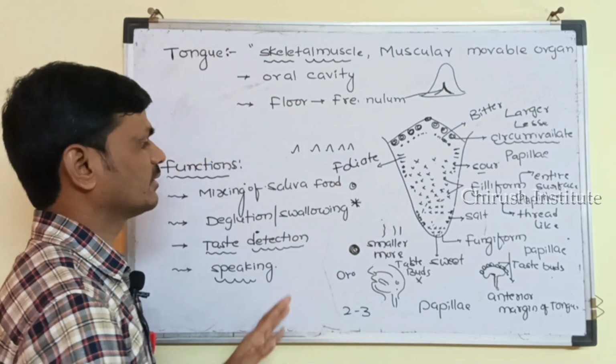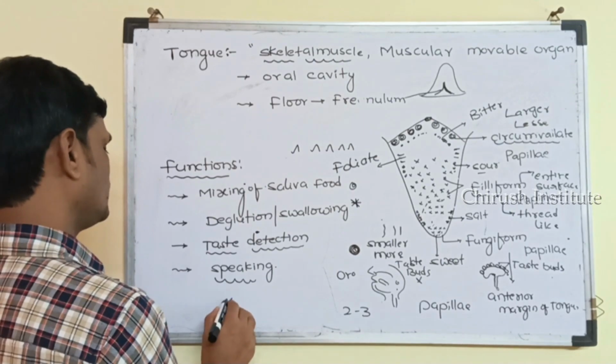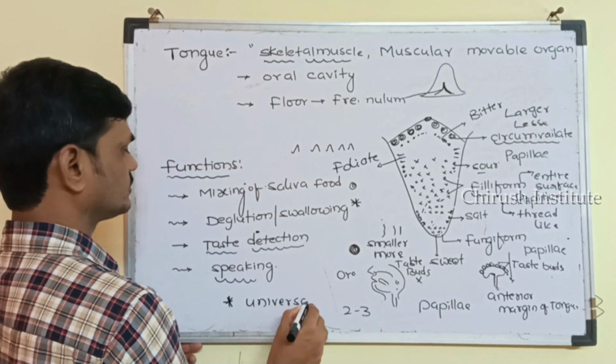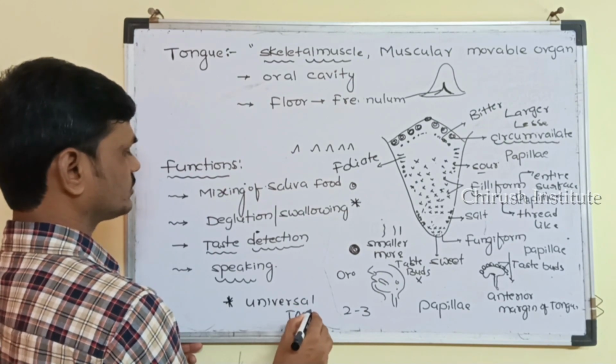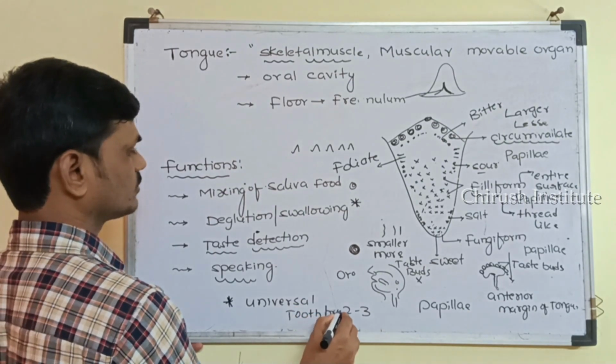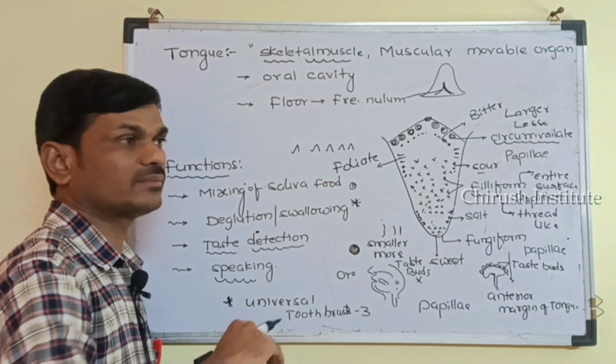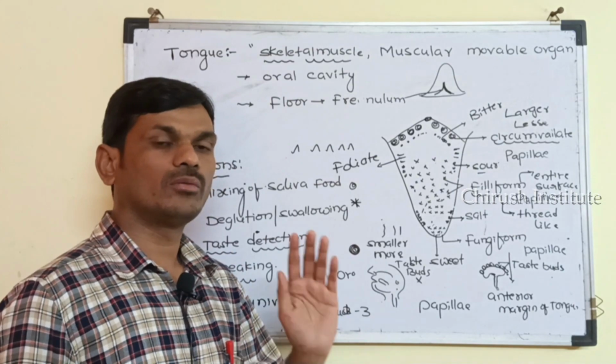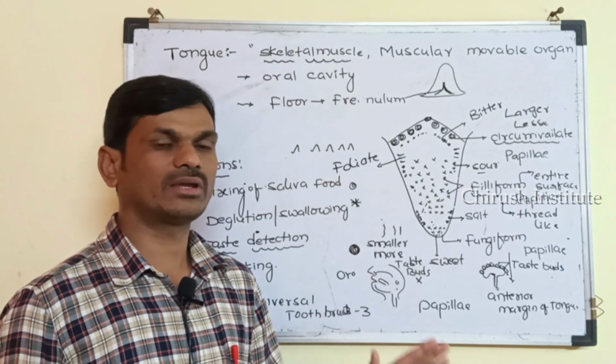The tongue acts as a universal toothbrush. So, the tongue is a muscular, movable organ present in the floor of the oral cavity.